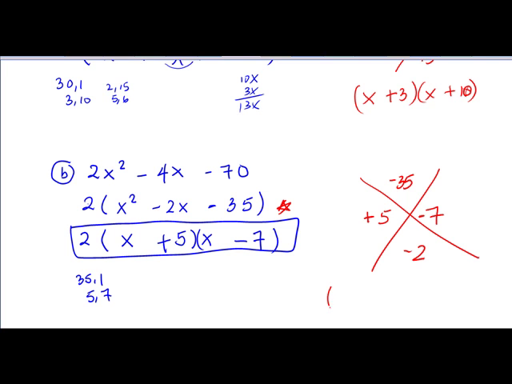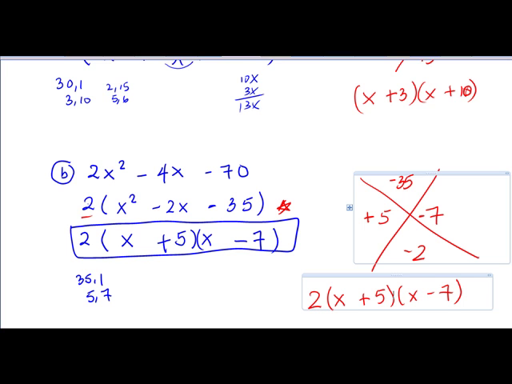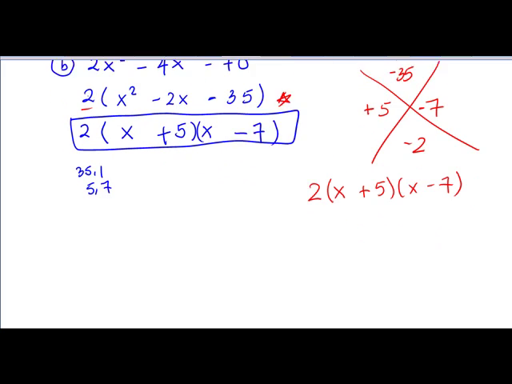And then now you just copy x plus 5 and then x minus 7. Then don't forget the 2 here and bring it down. So this is your answer. So you see the answer is the same no matter what method you choose to do. So whatever you feel comfortable with, you do the method that you like. For those who have trouble with factoring, maybe you like to learn the diamond method. Let me show you another example.